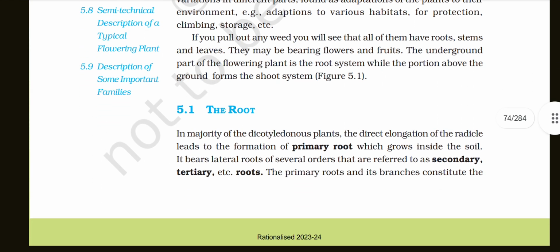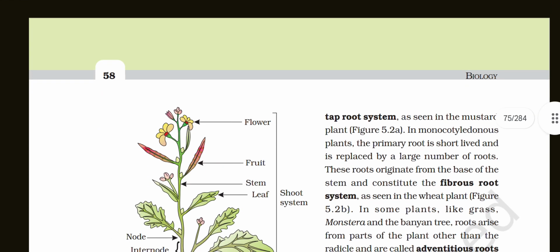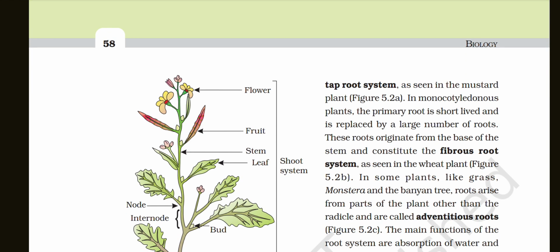In the majority of the dicotyledonous plants, the direct elongation of the radicle leads to the formation of the primary root, which grows inside the soil. It bears lateral roots of several orders that are referred to as secondary, tertiary, etc. roots. The primary root and its branches constitute the taproot system, as seen in the mustard plant.